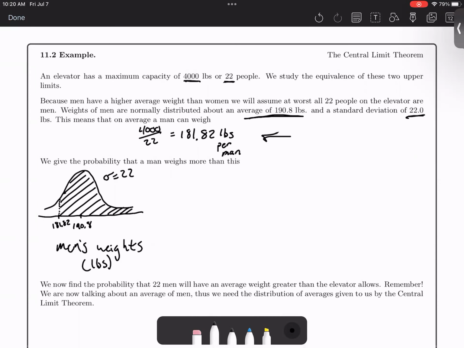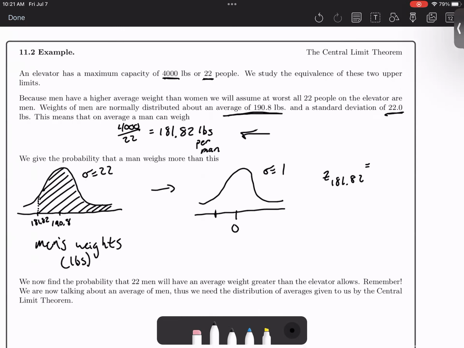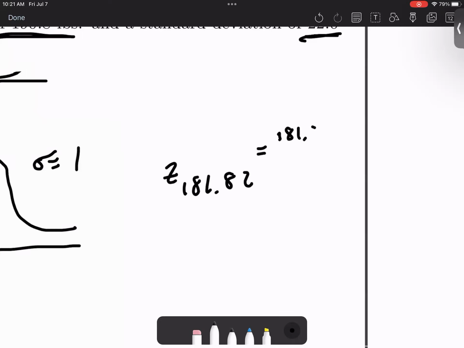So I'm asked to find the area underneath a normal distribution. I need to turn this into a standard normal distribution by looking at z-scores. So what is the point of interest? What is the z-score of 181.82? So z-score is point minus average divided by standard deviation. We've done this a million times by now. So what is 181.82 minus the average?